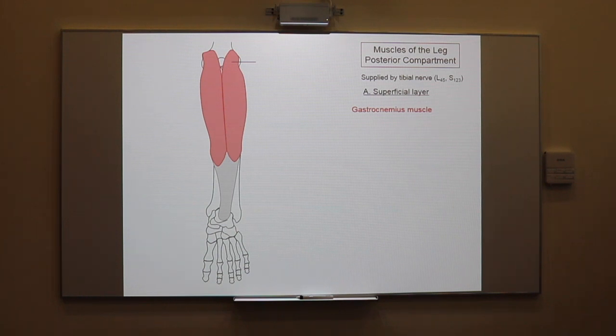Okay, while the other muscle which is going to be inserted into the tendocalcaneum is the soleus muscle, and that is a slow, strong plantar flexor. So gastrocnemius is a fast acting muscle, while the soleus is a slow acting muscle. So in a sustained movement, the soleus is the one which is going to act.